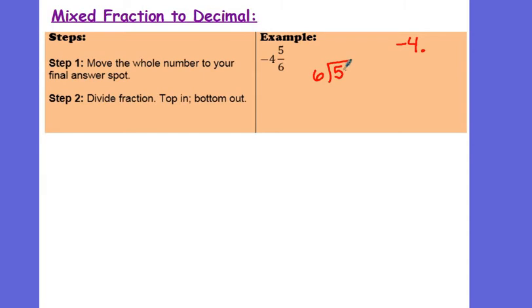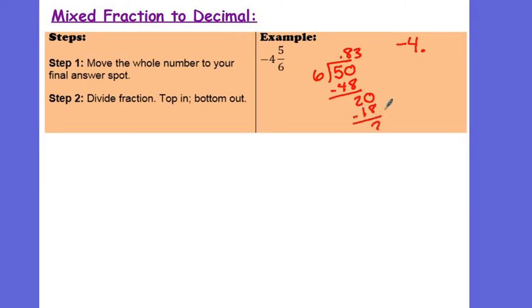See how much 6 can go into 5? It can't, so I add a decimal and a 0. 6 goes into 50 8 times, 6 times 8 is 48. I have 2 left over. Bring down a 0, 6 into 20 goes 3 times. 3 times 6 is 18.